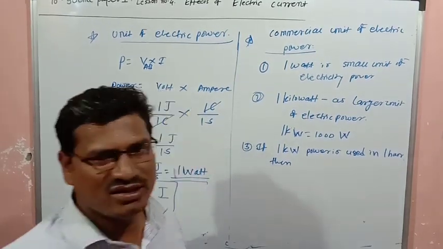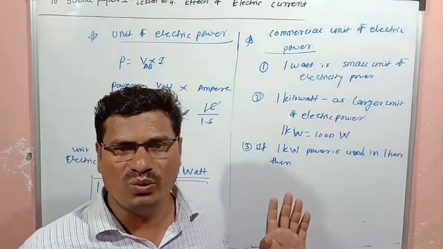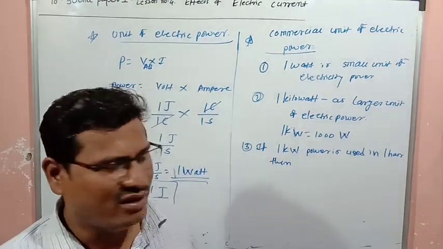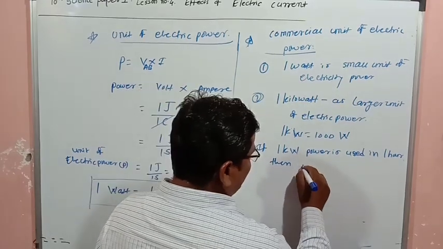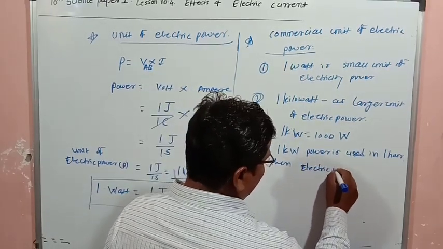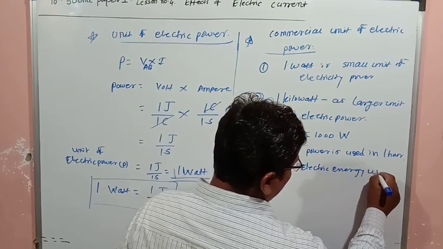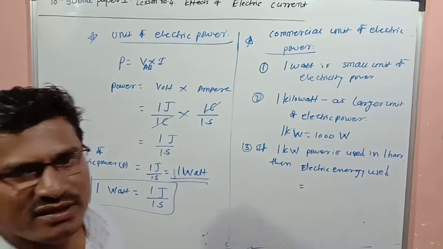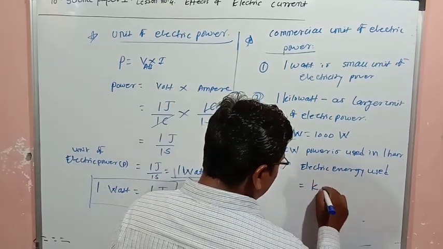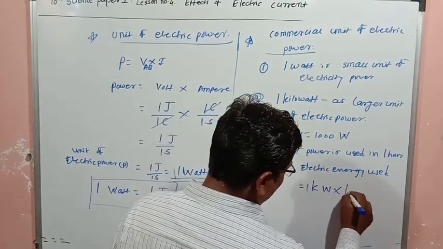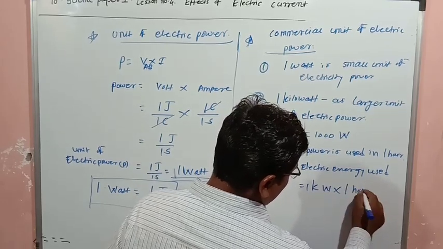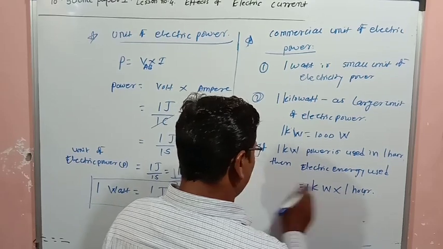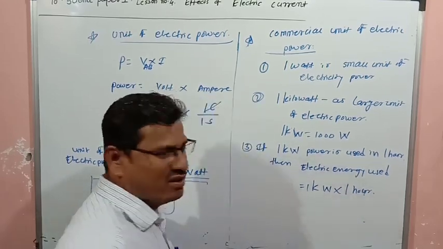The electrical energy used is equal to 1 kilowatt multiplied by 1 hour.